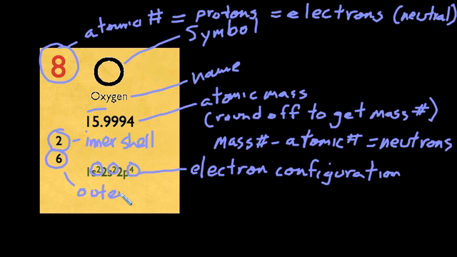It's got 6. The outer shell, as it turns out, is divided into 2 2s electrons and 4 2p electrons. We are not going to be too concerned about that. The total number of electrons for regular old oxygen, neutral oxygen, is 8.